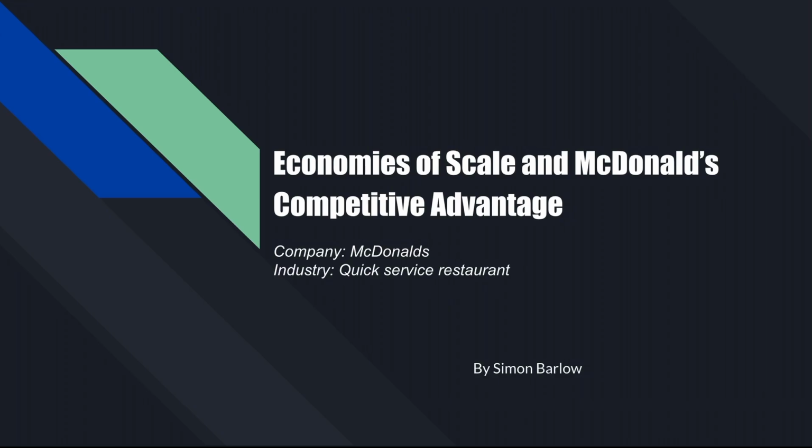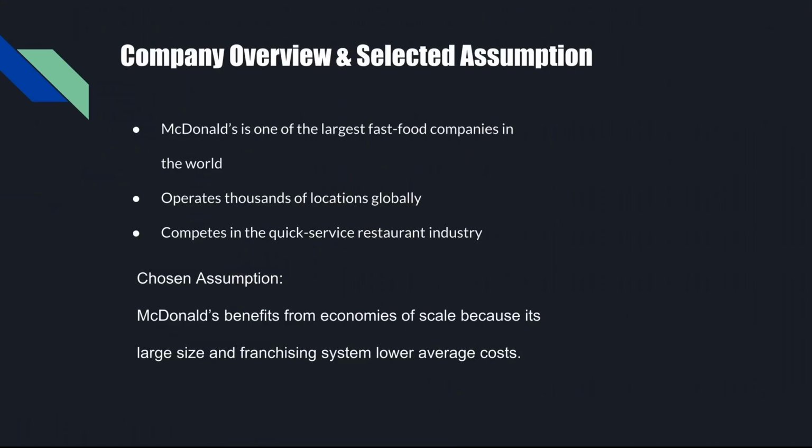compared to smaller competitors. My chosen assumption is that McDonald's benefits from economies of scale because its large size and franchising system reduce its average cost per unit. McDonald's operates thousands of restaurants worldwide and uses a franchising model where many locations are owned by franchise operators.